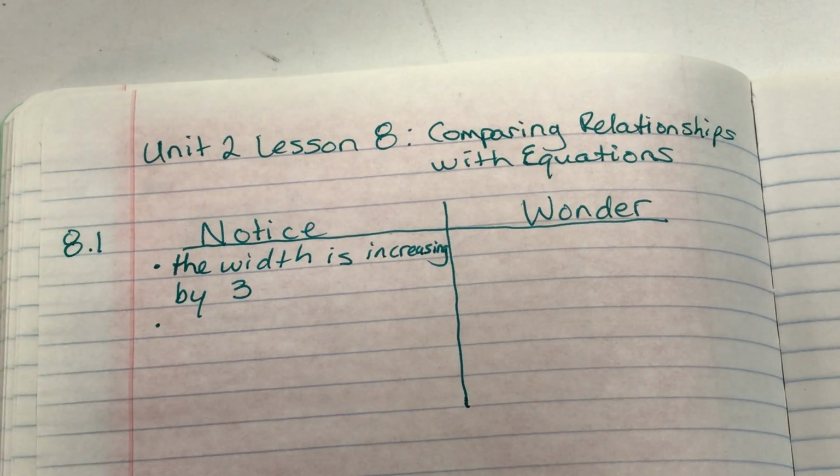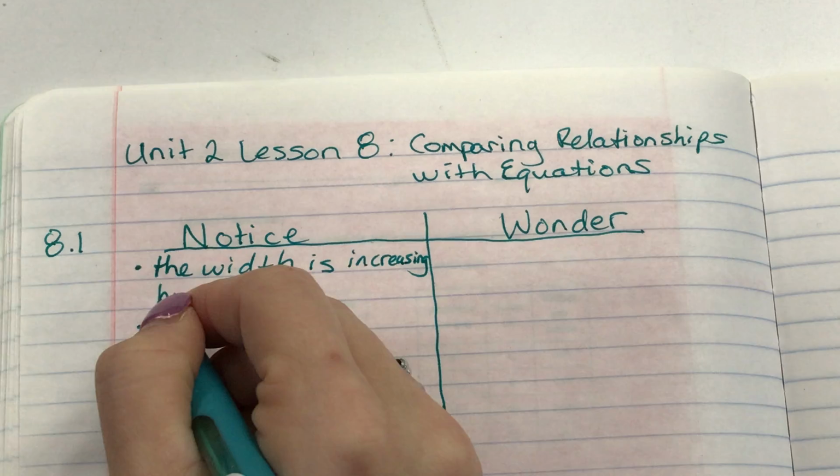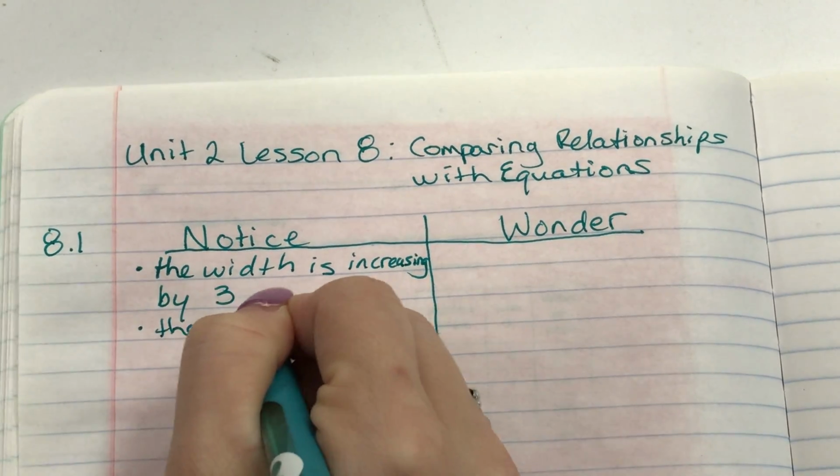So if we notice that about the width, what else can we say? What else is happening? Noah? The length is increasing by 1. Good job. The length is increasing by 1.